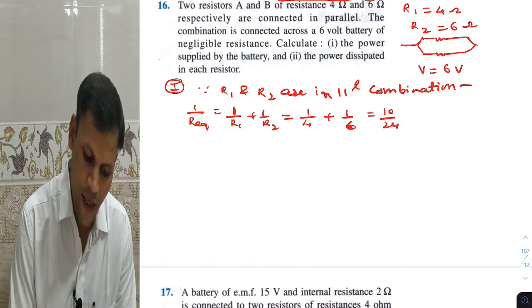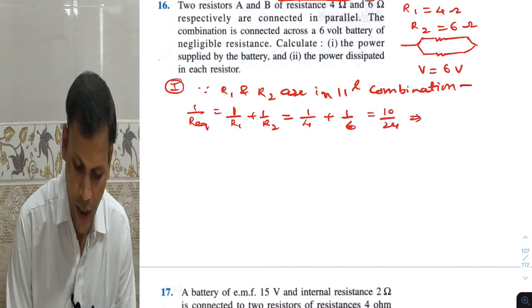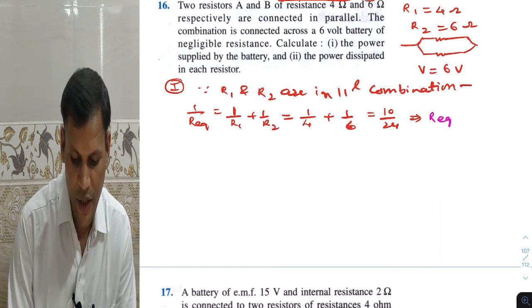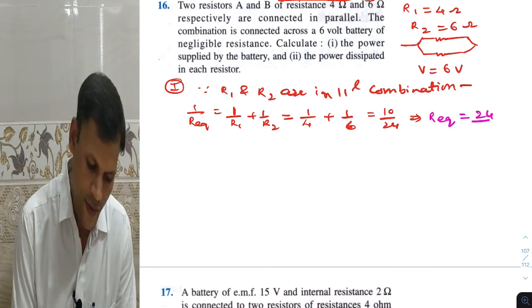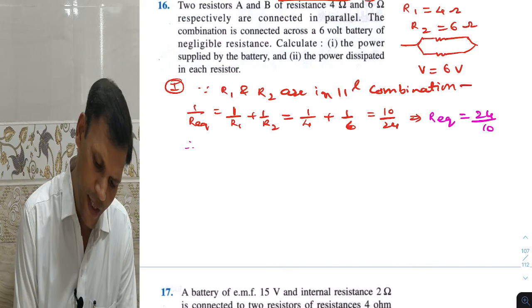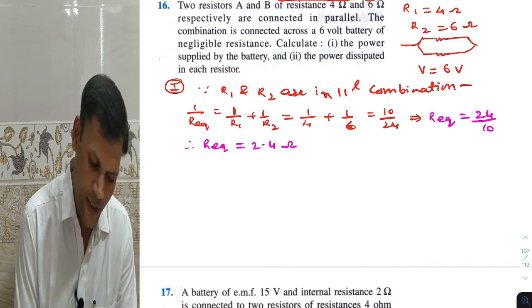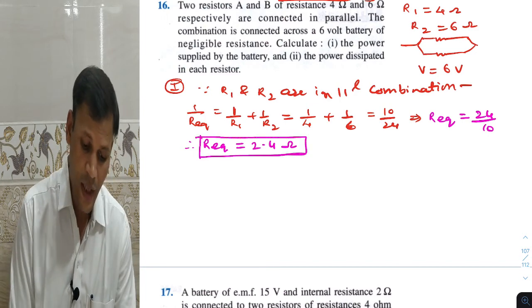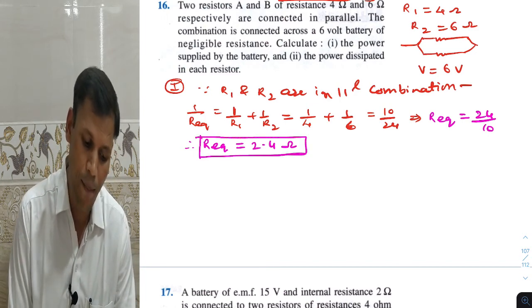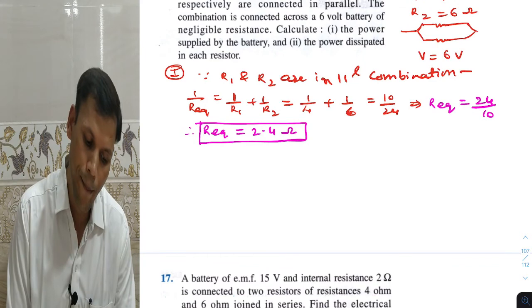So R equivalent will be 24 by 10, which is 2.4 ohm. In first part we have to calculate the power supplied by the battery.